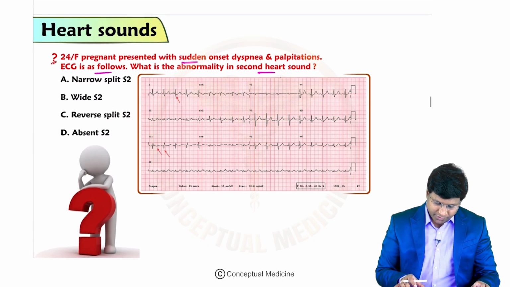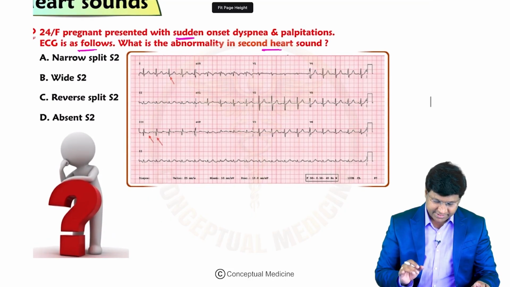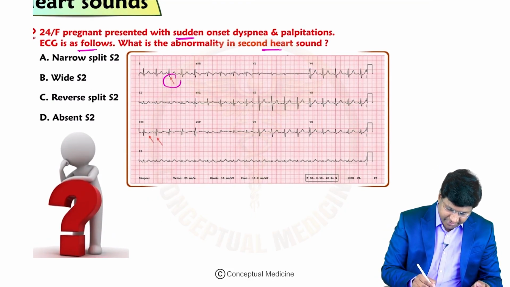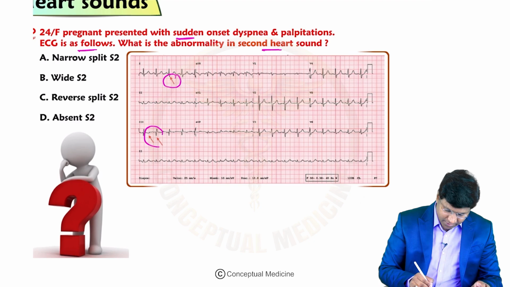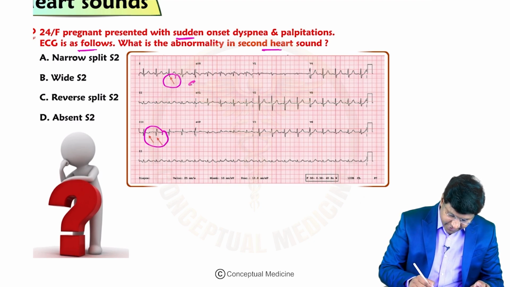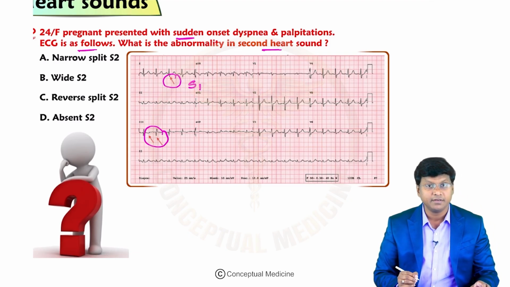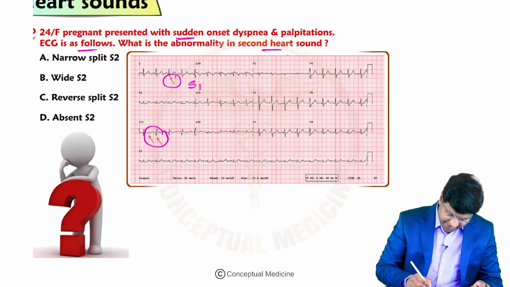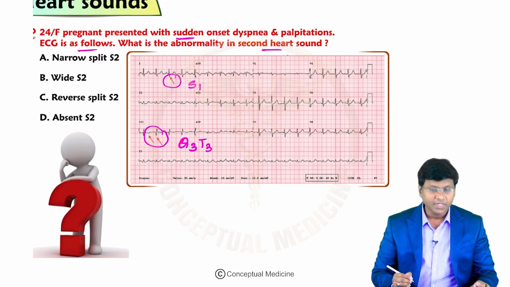So first of all, you should be able to diagnose this ECG. So the abnormalities have already been marked here. So what is this abnormality which has been marked? You have the presence of a deep S wave in lead 1 and you have the Q wave in lead 3 and the T wave is inverted in lead 3.